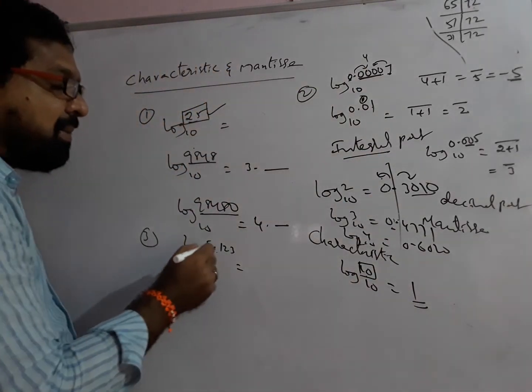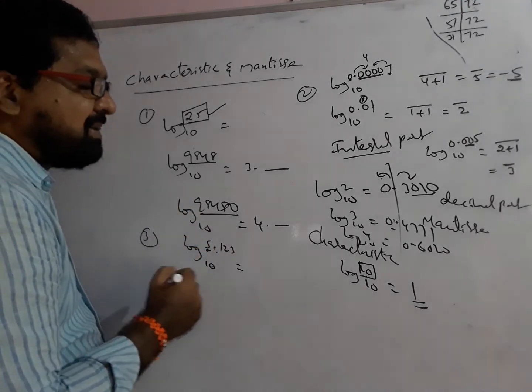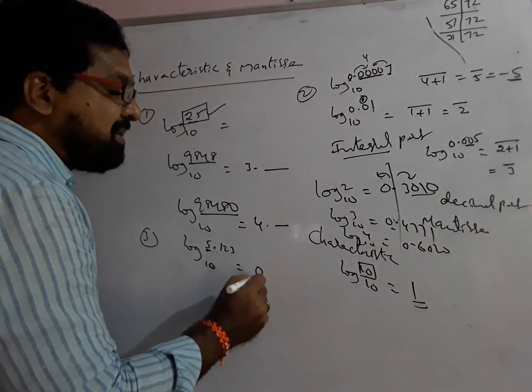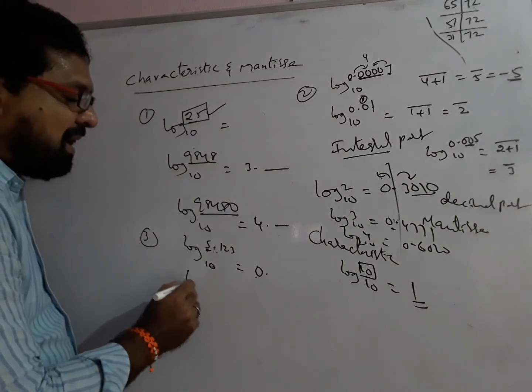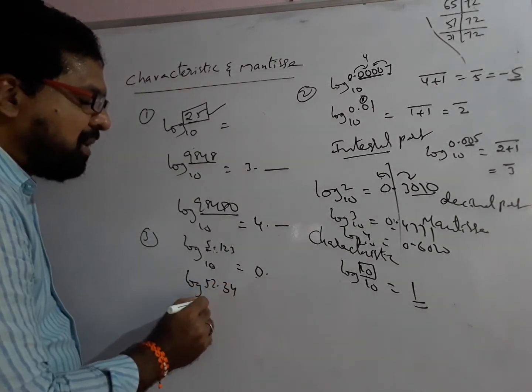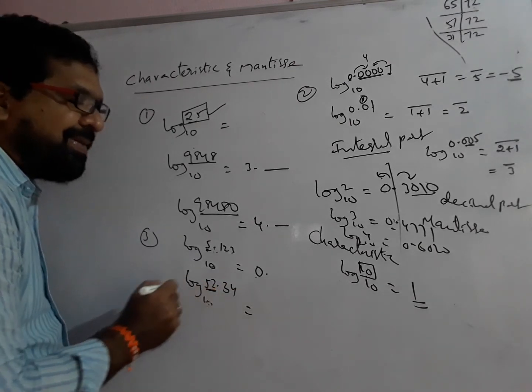How many digits are there? Only a single digit. So its characteristic is 1 minus 1, which is 0. The characteristic is equal to 0. Whereas the logarithm of 52.34 to the base 10 is equal to, before the decimal point there are two digits.